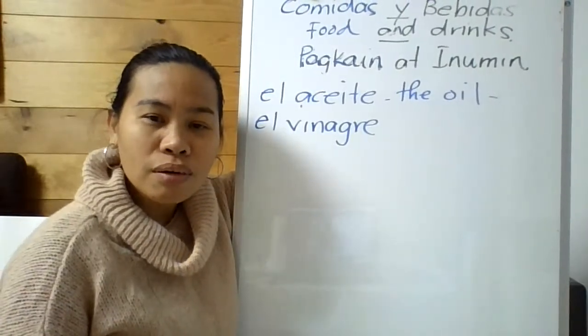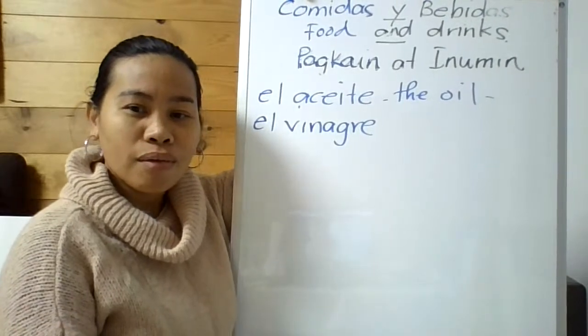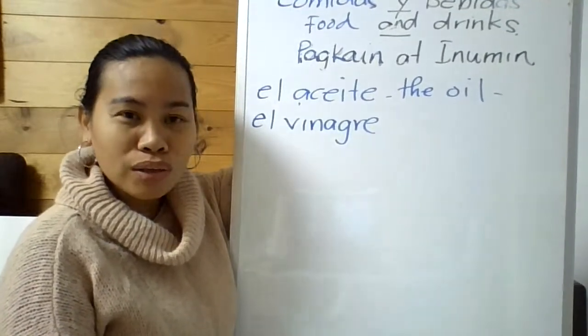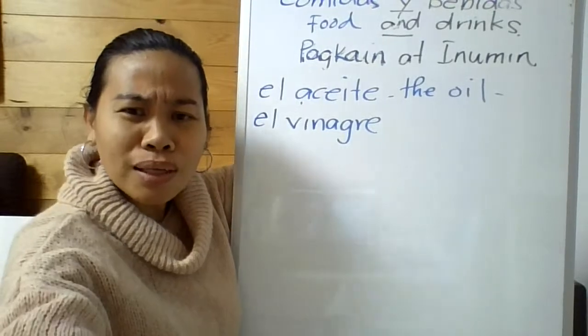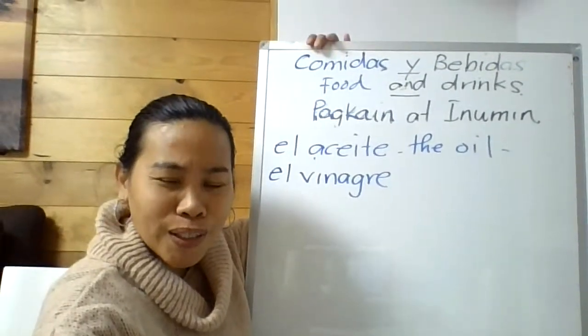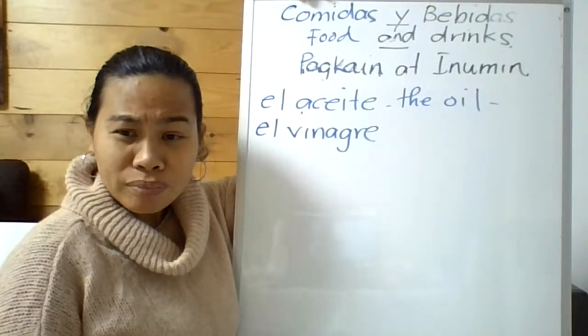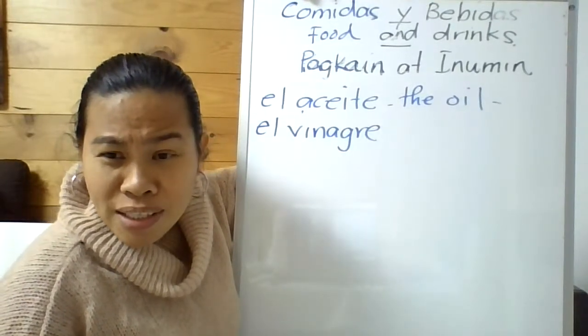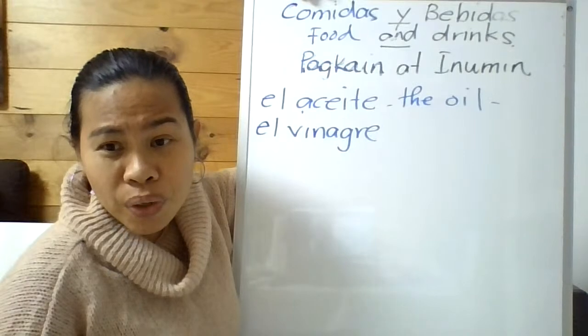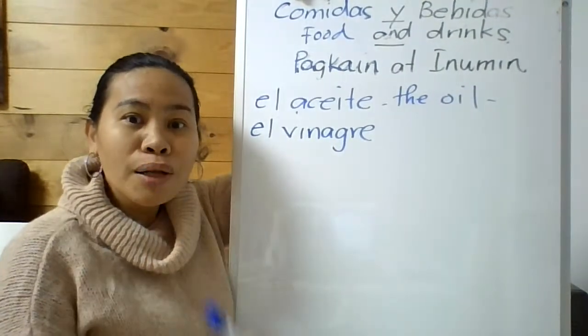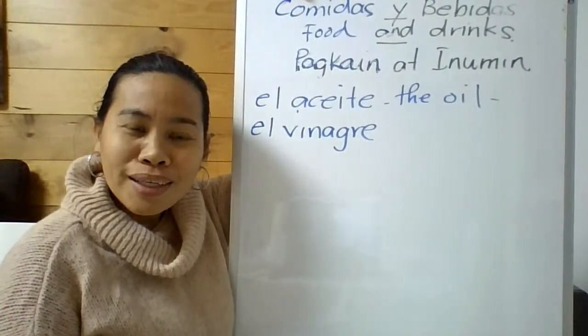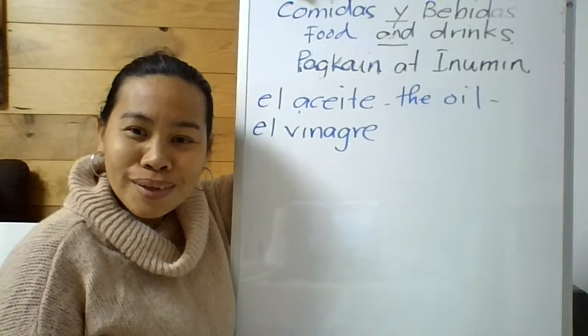Ganun lang kadali ang pagluto dito. Tayo kasing mga Pinoy, ang komplikado, ang dami pa natin ginagawa sa pagluluto. Sila hindi. Yes, influence ng Chinese at US. Ganun pala yun. Hindi ko alam.